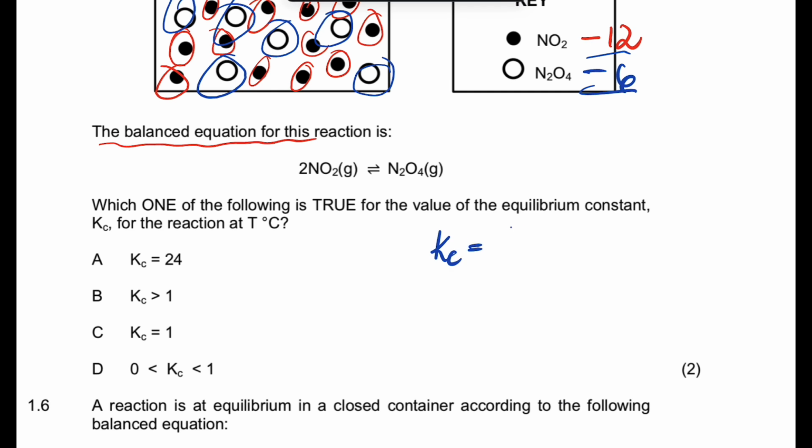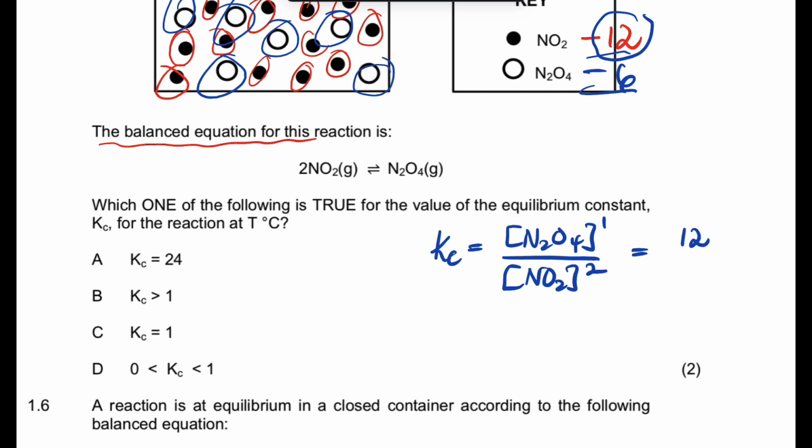The product is N2O4 to the power 1, you don't have to put the 1 there, over the reactant NO2 to the power 2. And then what do we have here? Nitrogen dioxide is 12. No, that's the reactant. The product is what? It's 6. So 6 divided by 12 to the power 2.